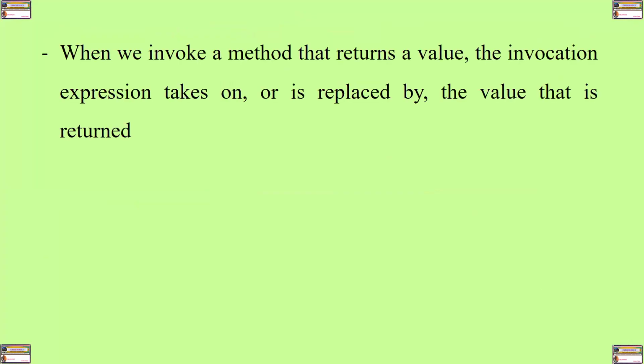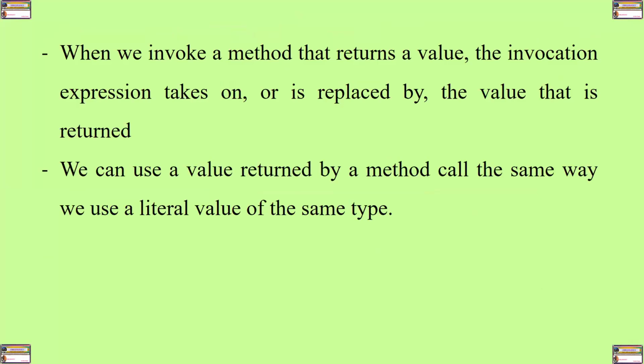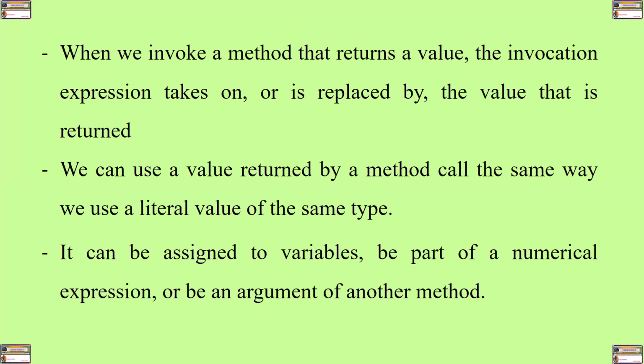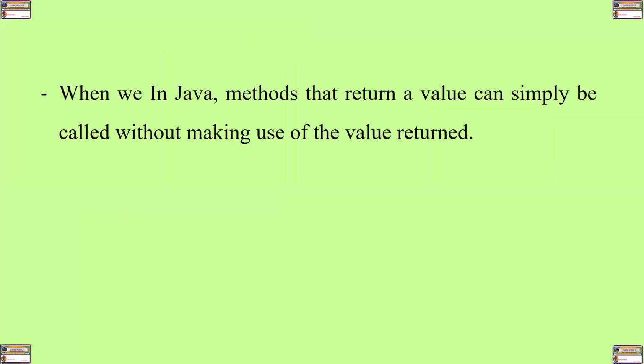When we invoke a method that returns a value, the invocation expression takes on or is replaced by the value that is returned. We can use a value returned by a method call the same way we use a literal value of the same type. Therefore, it can be assigned to variables, be part of a numerical expression, or be an argument of another method.